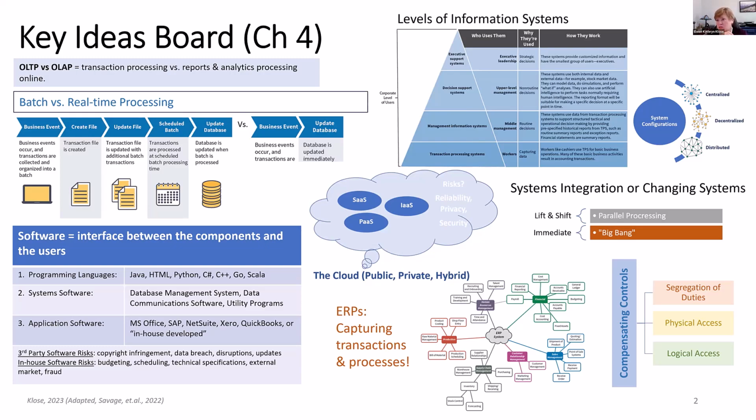What has evolved, which has been extremely helpful and has also allowed us to access information real time and to close more quickly, is real-time processing. So in real-time processing, these debits and credits are being posted all the time. So I'll talk in our early accounting classes about what happens when you go into TJ Maxx, right?